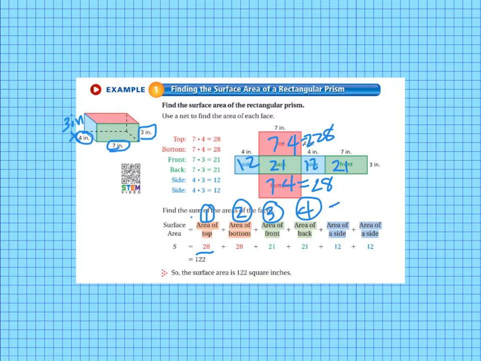So steps 5 and 6 are each finding the area of a side, so 12 and 12. And then to find our answer, we add all of those up and we get 122 square inches for our answer.